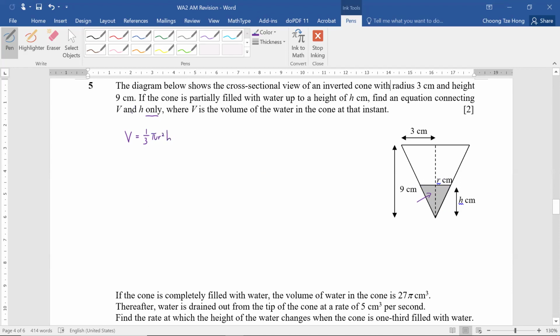But the question wants us to find an equation connecting V and H only. So in other words, we will need to do something to substitute away this R. This is where you need to remember this technique.